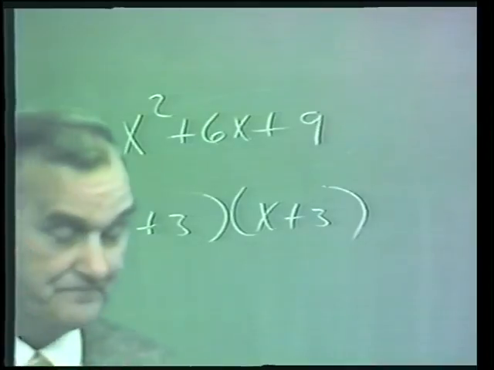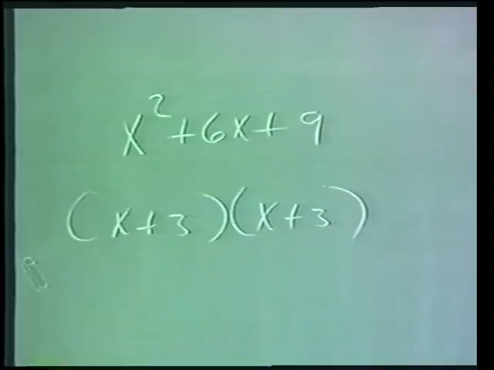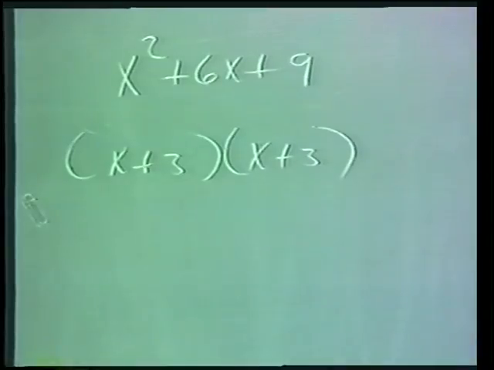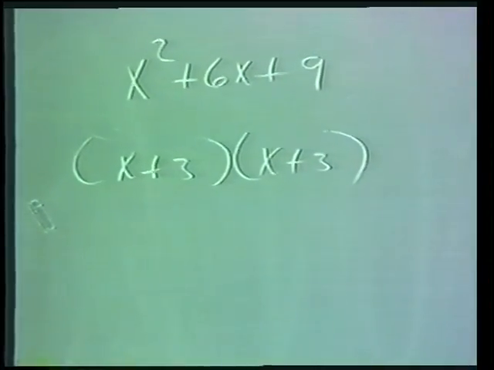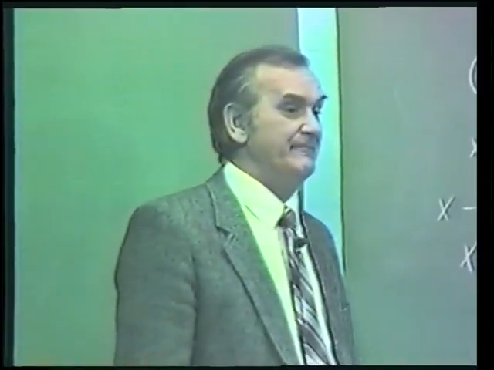Okay, so remember, x squared plus 6x plus 9, all that is a number. And it factors into two identical numbers. Anytime you have a number that factors into two identical factors, that number is a perfect square. 25 is a perfect square because it factors into two identical factors, 5 and 5. 36 is a perfect square because that can be factored into 6 and 6. 20 is not a perfect square.